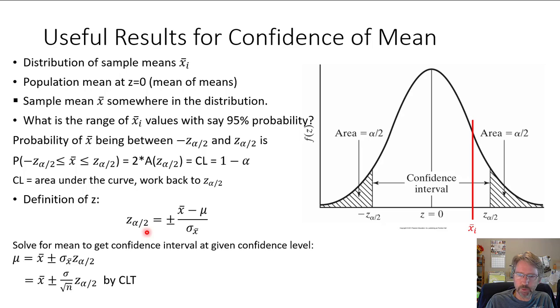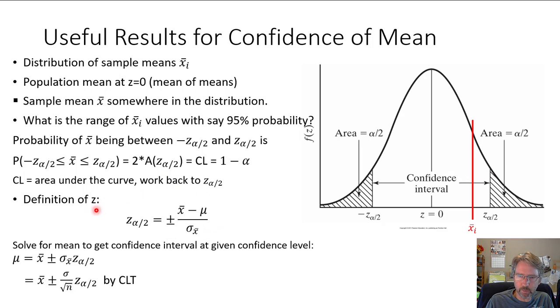Z alpha over 2 is x bar, that's our measurement in this case because we have a set of averages, minus the population average, which is the center here, divided by the standard deviation of the means. And plus or minus here because this could be positive or negative, and it'll give the same area.